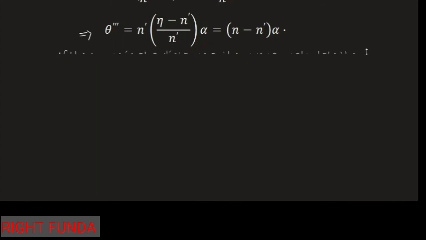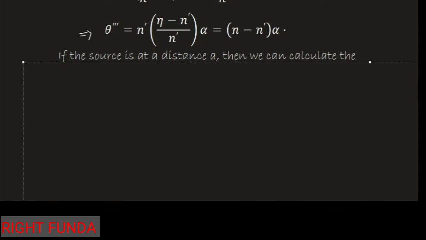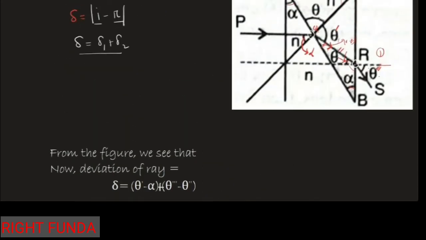Now suppose the source is at a distance a. Then we can calculate the deviations. Where the source is we don't know, but it is very far away, theoretically at infinity, so suppose the distance a is a very large quantity.